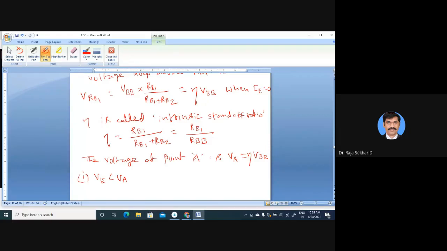The P side is connected to negative and the N side is connected to positive. What is the status of the diode? Reverse bias, sir. Yes. Now here the PN junction is reverse biased.